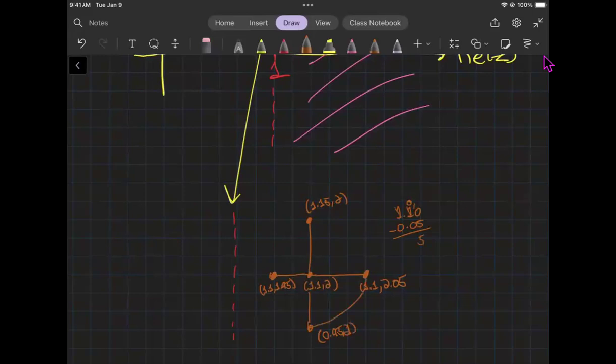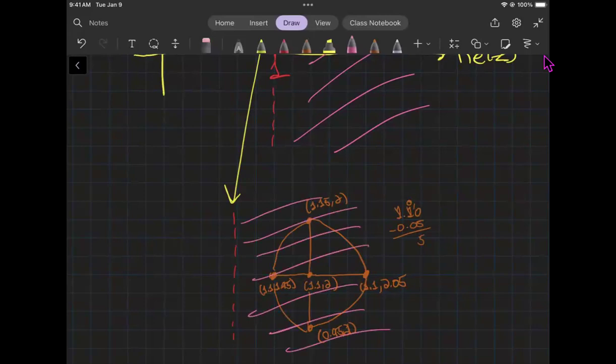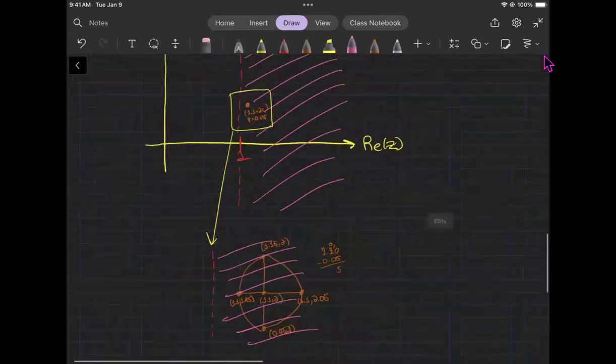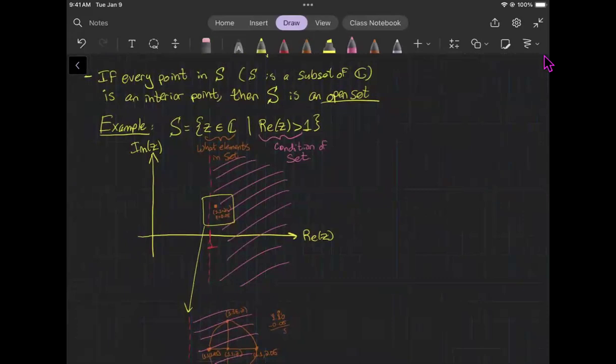Okay, so this is our circle, right? And if we zoom in here, we will contain only points that are in S. Okay, so in this case, this would be an open set.